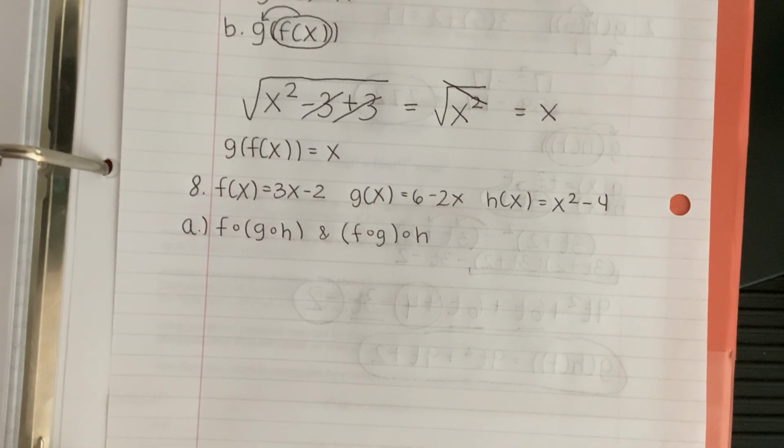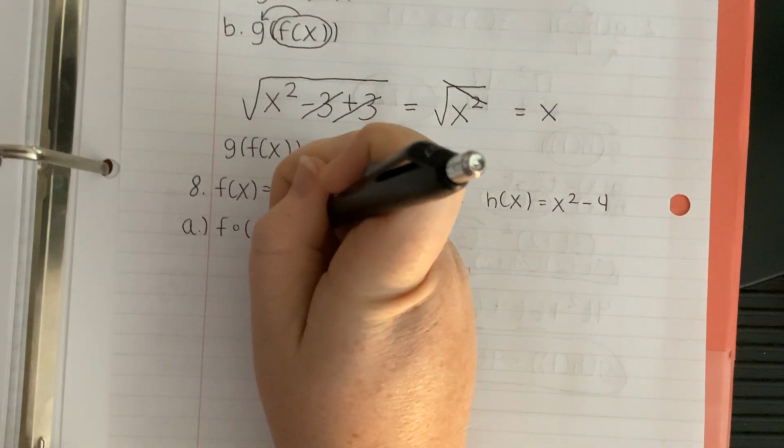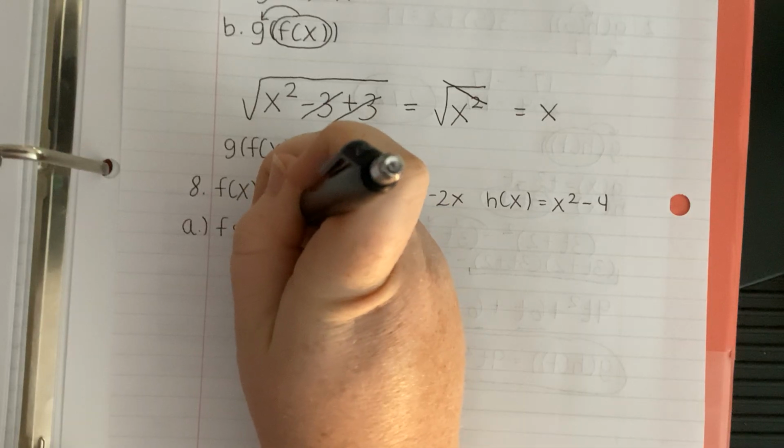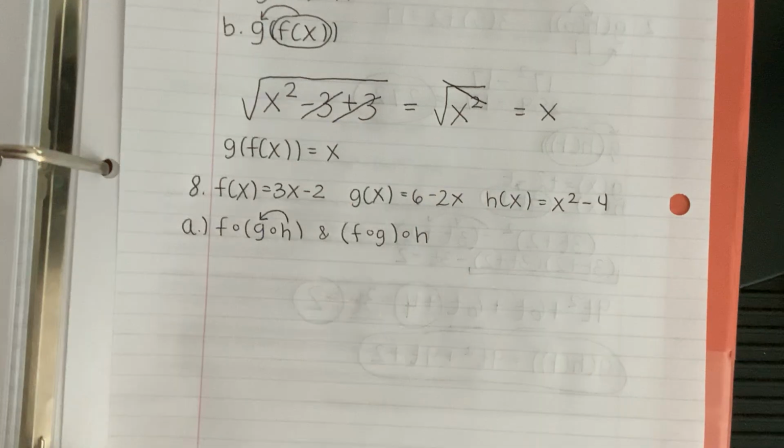This is trying to show the associative property. So if I move the parentheses from one place to the other, am I going to get the same answer back? When you're doing compositions, you're always going to work at the end, and you have to start in the parentheses. So this one is telling you that you're going to take h and plug it into g to start. So we're going to do that one first.